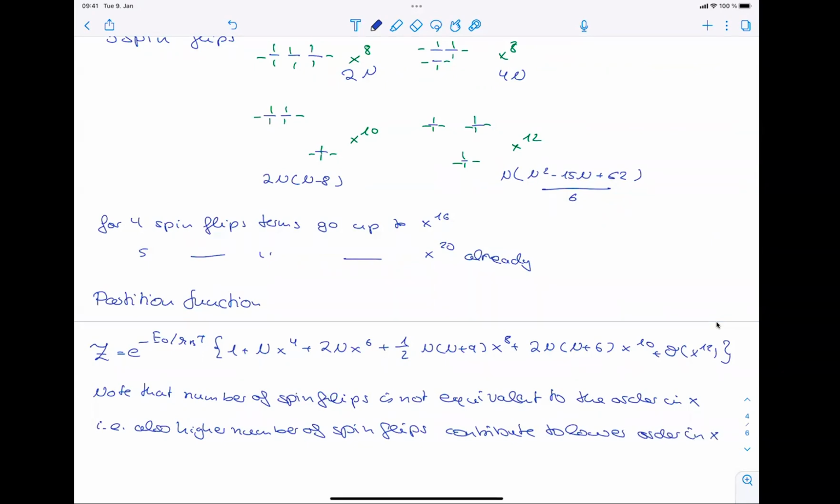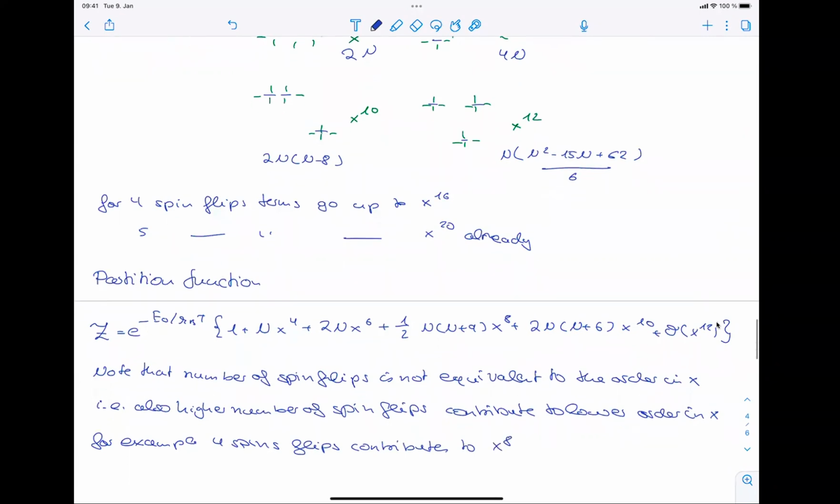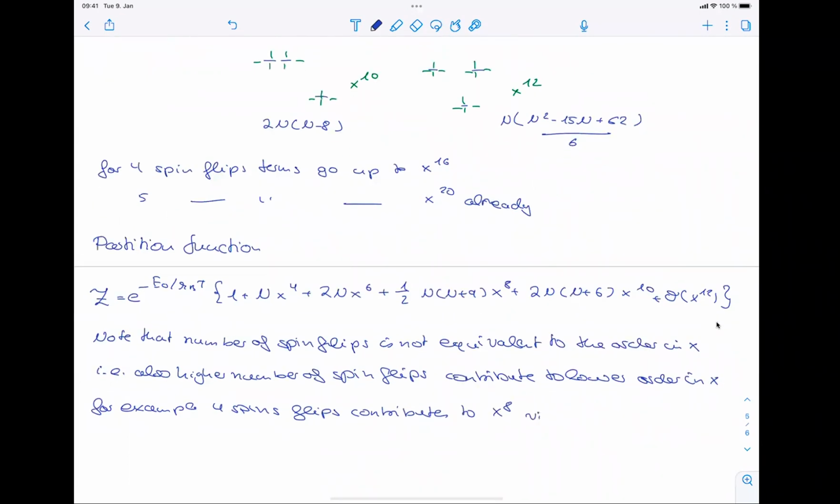The example being, for example, 4 spin flips contribute to x to the 8 already as well, by 1, 2, 3, 4, right? So there we also have just 8: 1, 2, 3, 4, 5, 6, 7, 8. So I have to be careful about that.